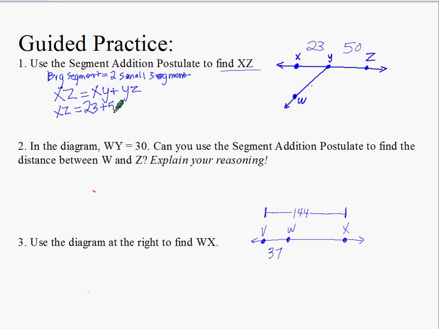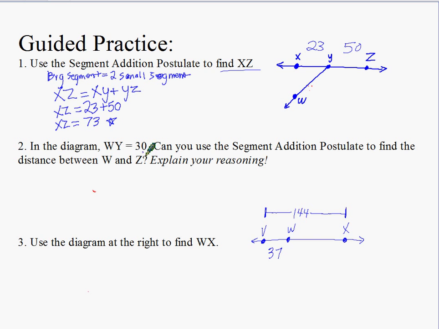In Algebra 1, we would say, hey, we have two like terms right here, numbers without the variable. We didn't do anything to the left side of the equation, so we have XZ. On the right side, when we combine like terms, we have 73. So this is our answer. Let's do a little star.